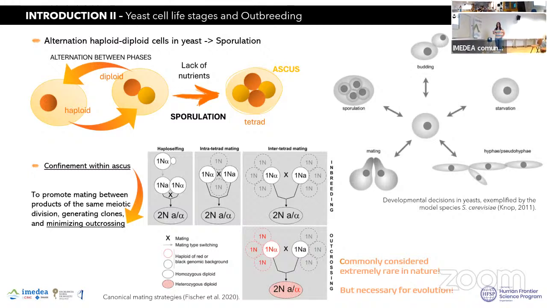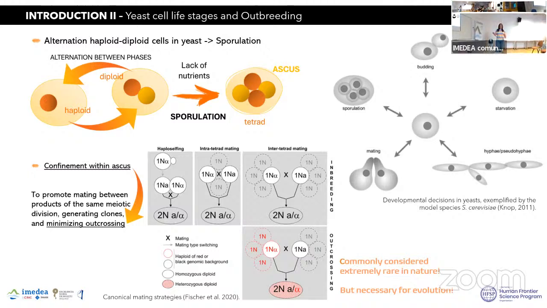One is haplo-selfing, when one of the genes, the mating type, switches to MAT alpha or in the contrary order. Then the intratetrad mating, in the same ascus, where MAT A and MAT alpha mate, and then the intertetrad, a different ascus but the same strain.